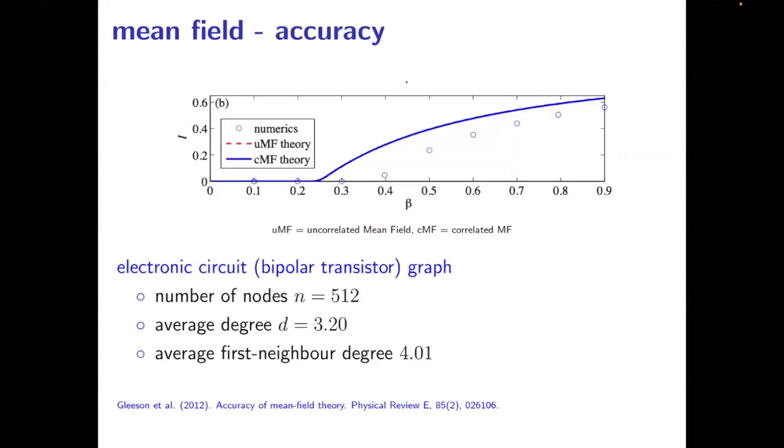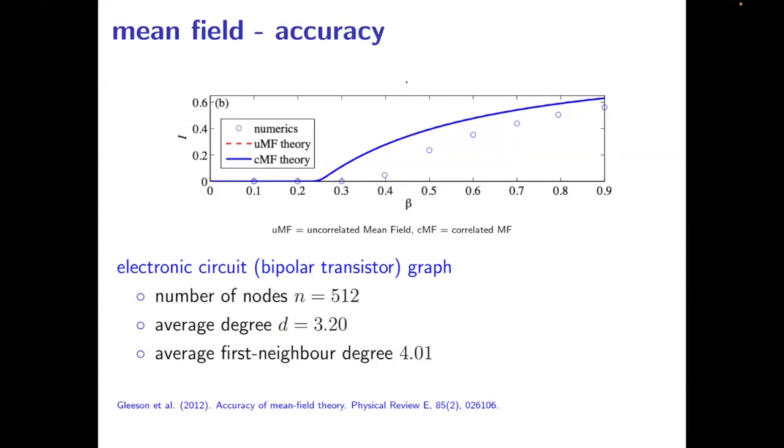And if you look at a different type of network, the electronic circuit, you see that it's very similar. For the previous, the average degree was 4, and here the average first neighbor degree is very low. And then the mean field solution doesn't seem to be very accurate, even though the average degree of the network is quite similar.